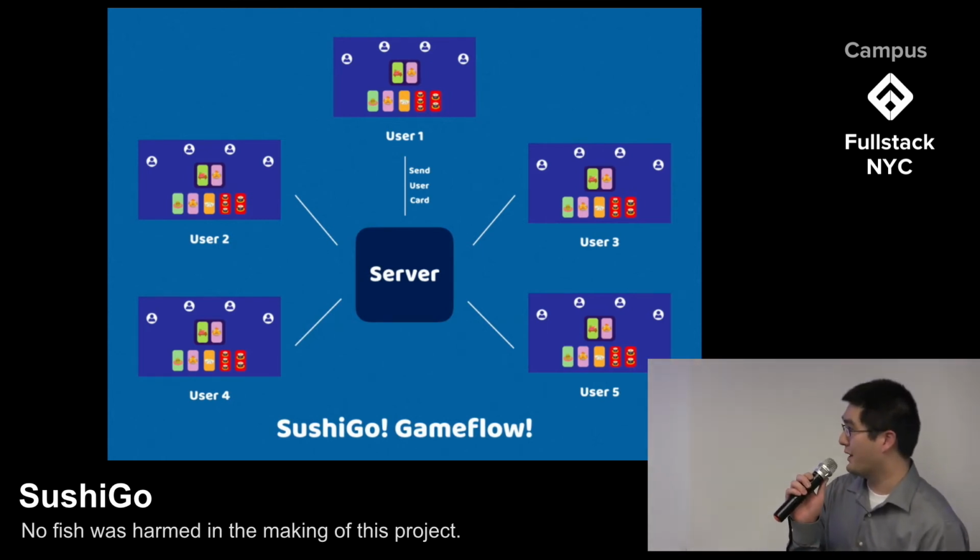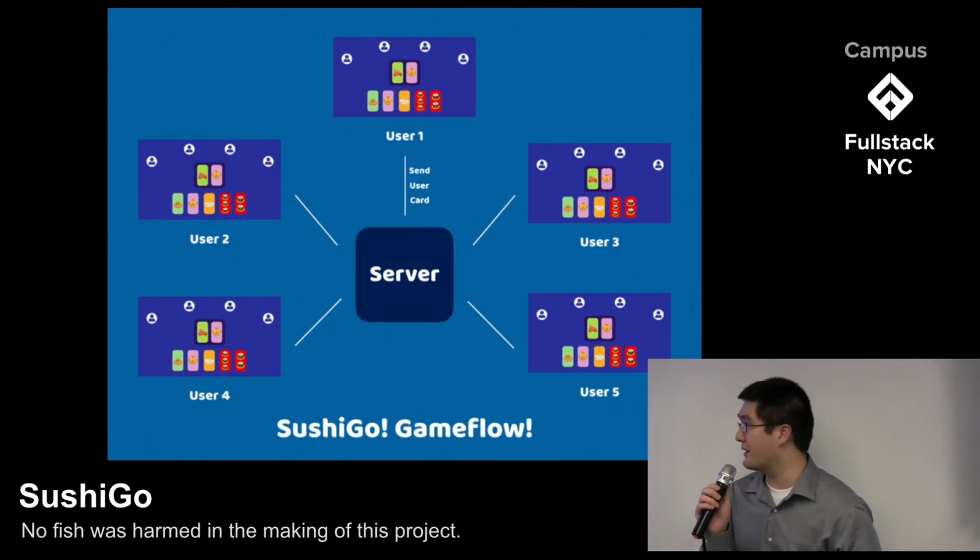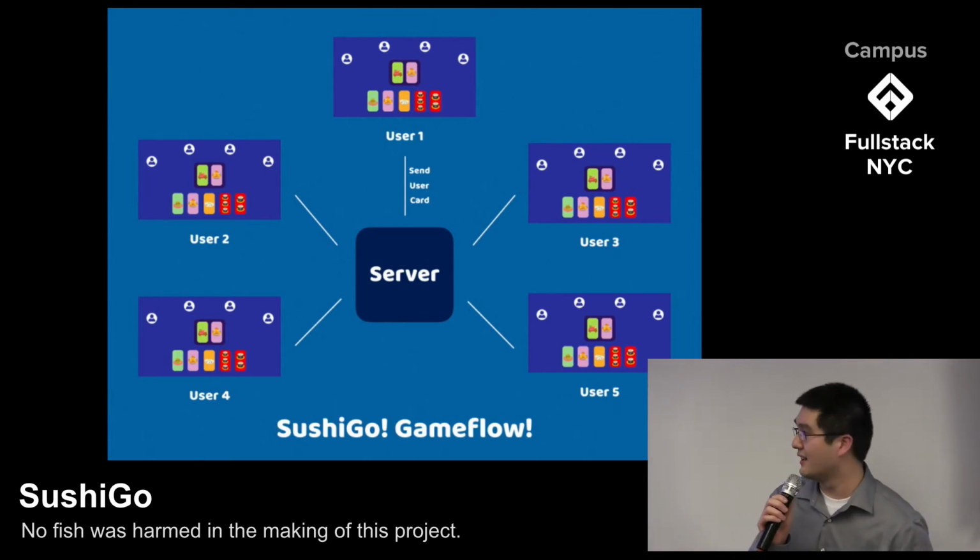So, when a user selects a card, the Redux store is updated with their newly selected card going from their hand to their kept cards pile. When that happens, the information is sent from the user to the server, and the server will update each and every user's cards in a predetermined order, and send it back to the user.